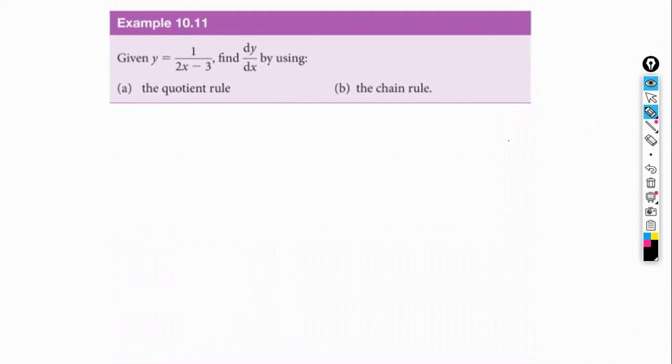Very well, so next is example 10.11, and it says, given y is equal to 1 over 2x minus 3, find the derivative by using A, the quotient rule, and B, the chain rule.